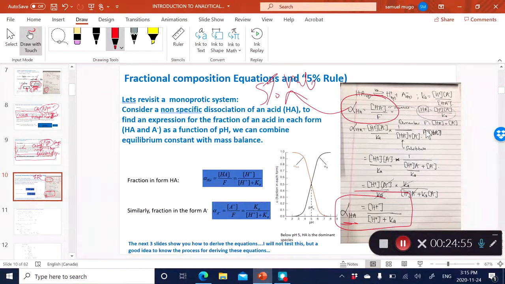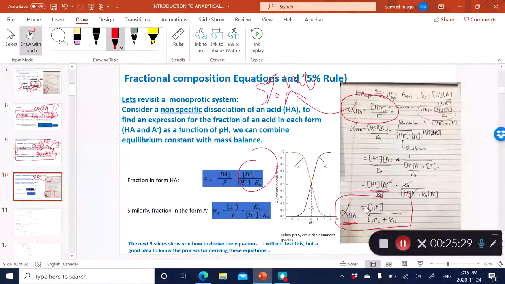And you can see then, using this equilibrium expression, I can substitute these ones right there. And equally, I can substitute F, which is equal to HA plus A minus. And then I can substitute these right there. And you can see when I do that, finally, and you can follow this one, my fractional composition here is equal to that, which is what I obtained earlier.